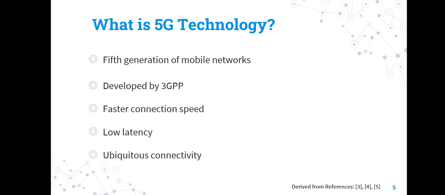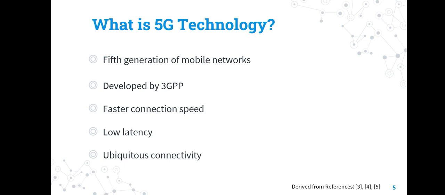A type of mobile network is usually represented by its generation number, and each generation contains some characteristics such as its bandwidth, data transmission speed, latency, etc. And 5G technology was developed by 3GPP. 3GPP means Third Generation Partnership Project, and 3GPP was actually formed in 1998, with the aim of developing 3G technology. And later they were the same ones who developed 4G technology and also the 5G technology.